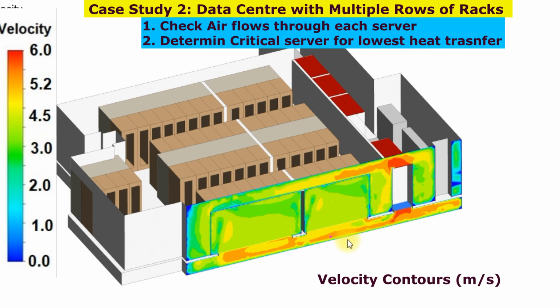Low velocity is observed in the data center, presented with blue color, and maximum velocity for the data center is around 6 meters per second. 6 meters per second is around 20 feet per second.